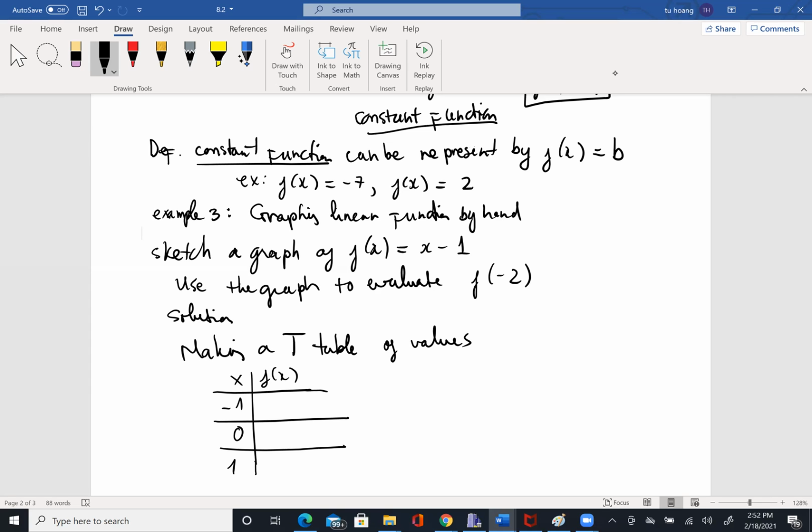So what happens if x equals -1? You substitute back into f of x equal to x minus 1. Here x becomes -1 minus 1, and that equals -2. So I get the point -1, -2.